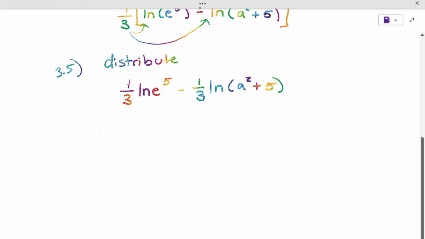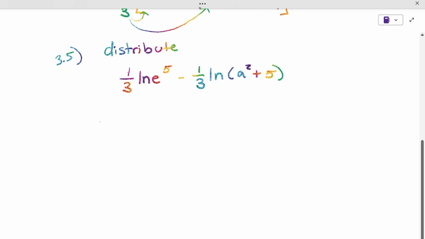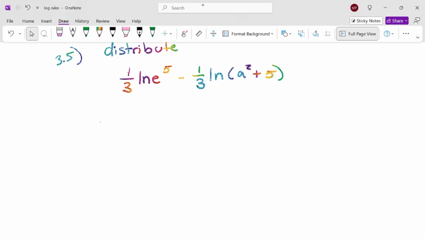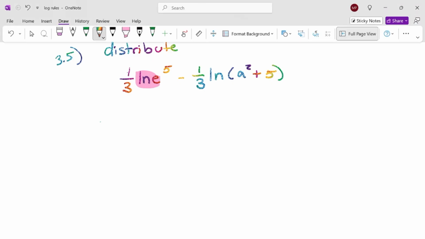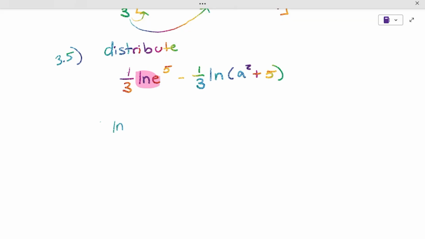The last thing I feel we need to do before we can say this is fully simplified is to take a look at this right here, ln e to the 5th. What is this really saying? Every time we have ln, there is always a base, and that base is assumed and is always e.